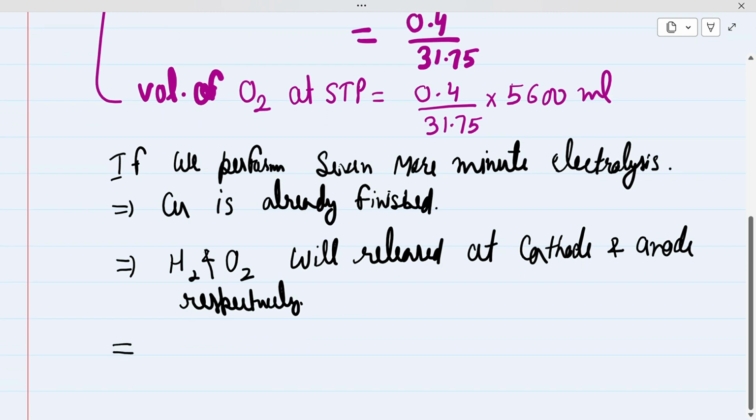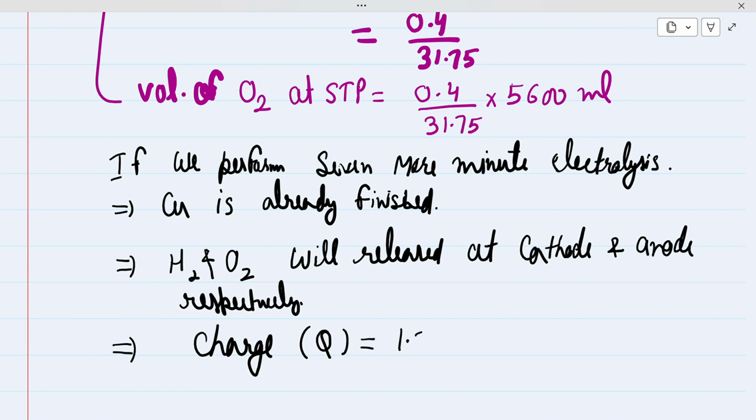Now we can calculate the number of equivalents of hydrogen and oxygen, because we know the charge we are passing. The charge Q is equal to I into T, where I is 1.2 ampere and T is 7 minutes, which is 420 seconds. So the charge will come in Coulomb, equal to 504 Coulomb.